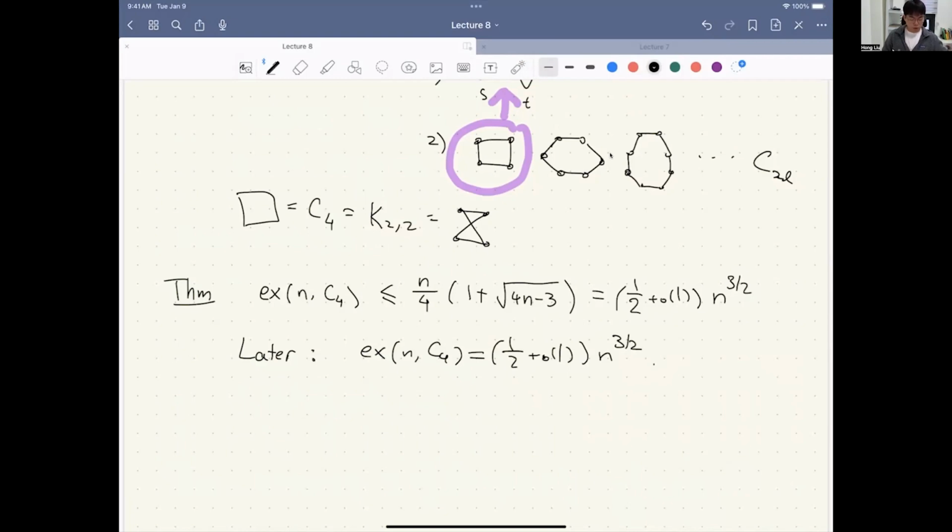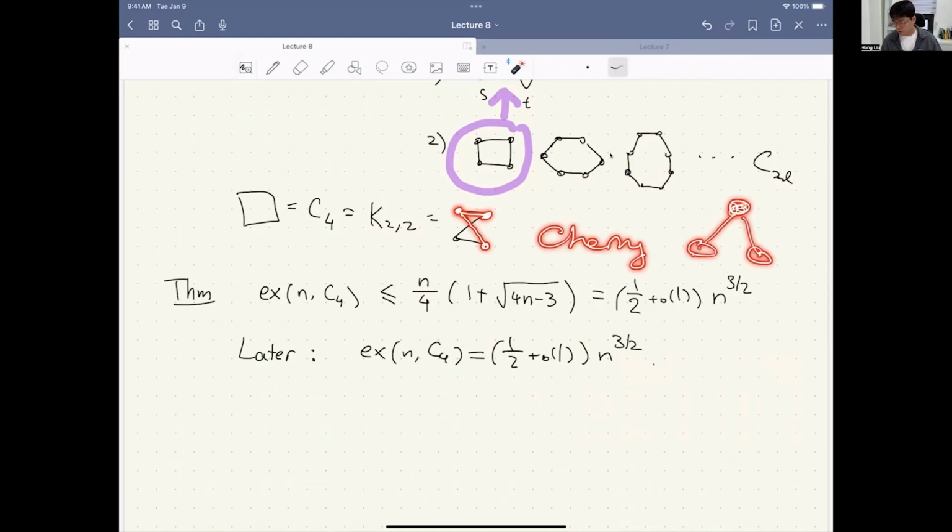How do we do the upper bound? So here, the idea is very simple. Viewing the 4-cycle as a complete bipartite graph with 2 vertices on each side, we're going to do double counting on this path of length 2 on 3 vertices, which we also call a cherry. It looks like a cherry, right?